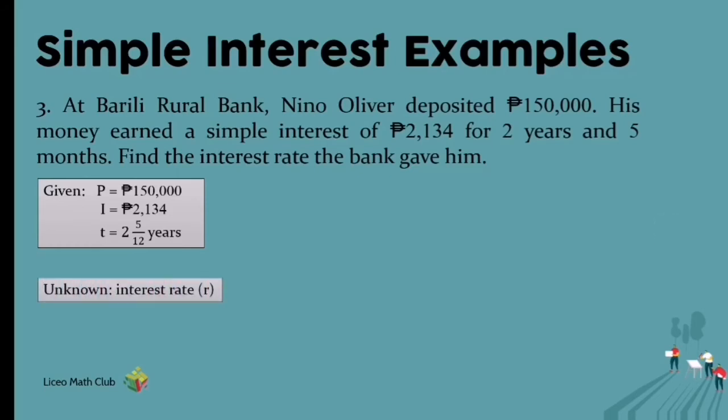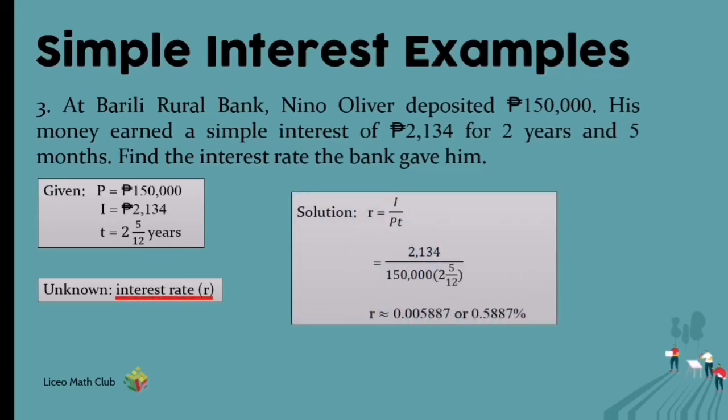On our third example, we are looking for the interest rate that the bank gave him. In order to solve for our rate, we need to use the formula interest over principal multiplied by time. Substitute the given values.